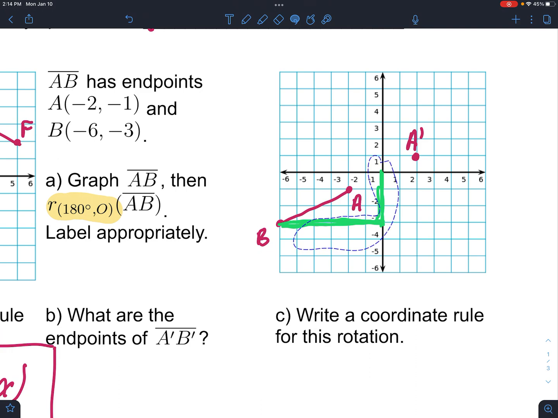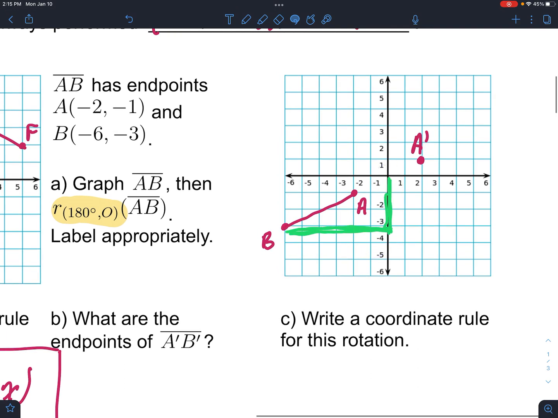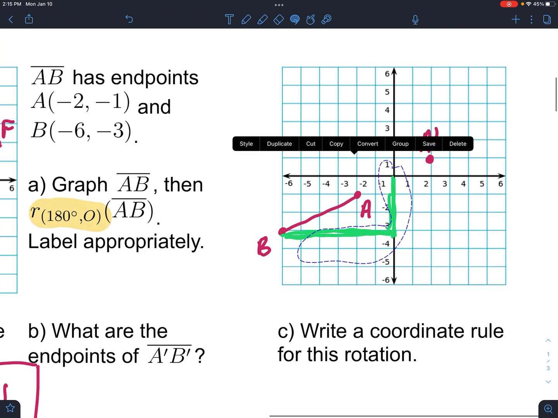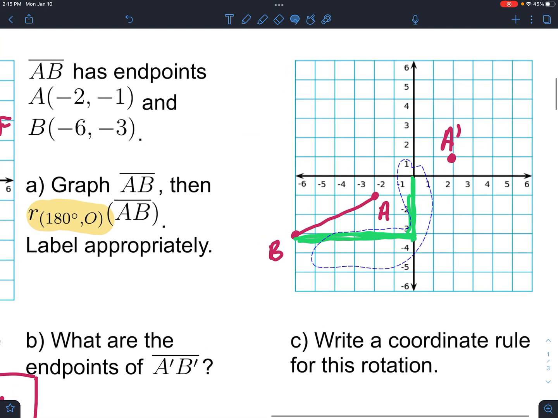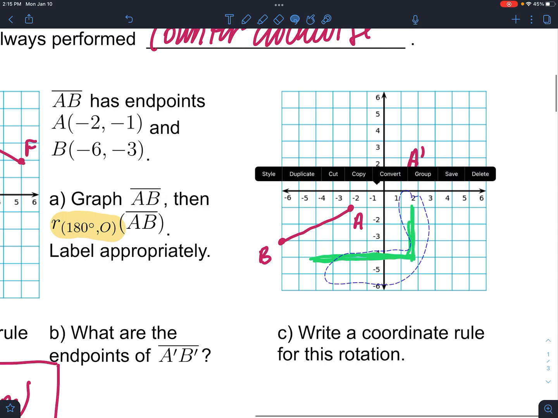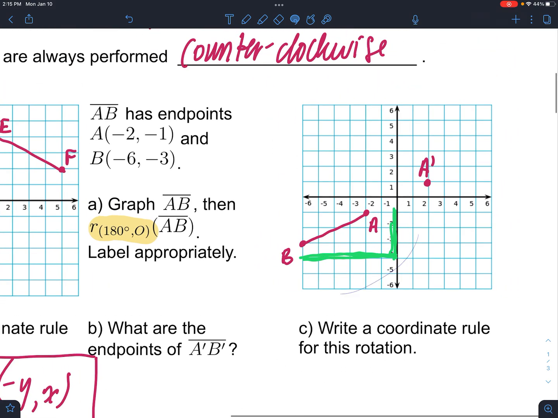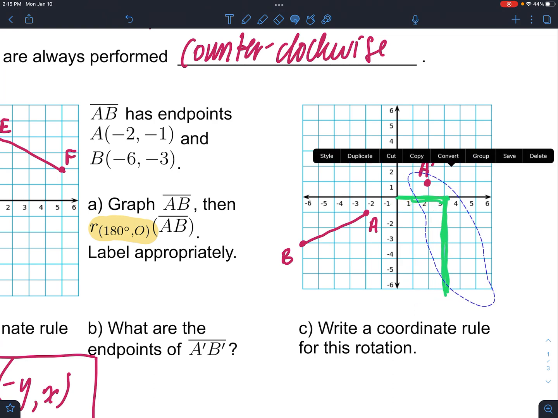So we see that my L goes all the way to -6. So when I rotate this once, I want to make sure that I'm trying really hard here. All right. So there we go. Okay. So it goes out to -6 right here. So I want to make sure when I rotate this over here, it's still like 6 long.